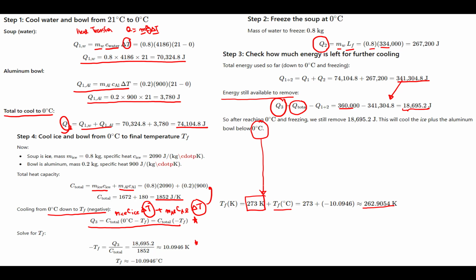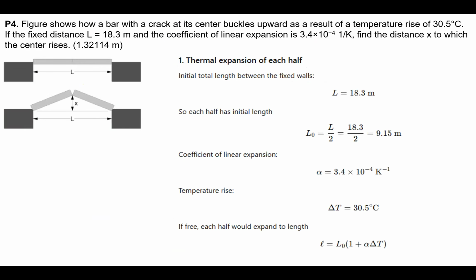So you have to follow the logic step by step. You need to cool the water and aluminum to 0 degrees C, and then the water turns into ice, and both ice and aluminum are further cooled down, and then it should be converted into the temperature in Kelvin. Okay.